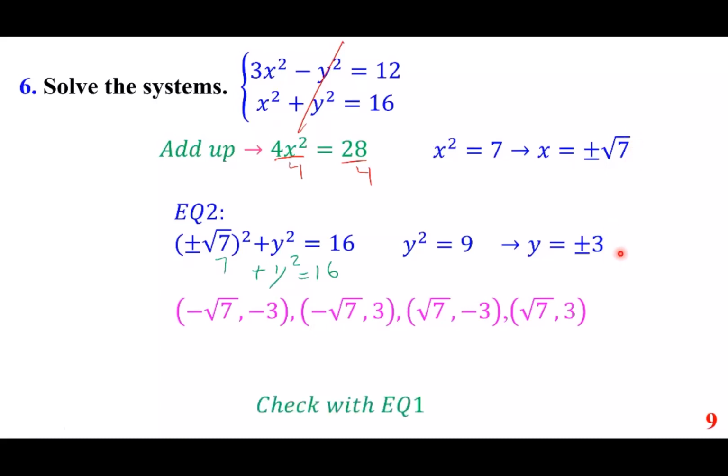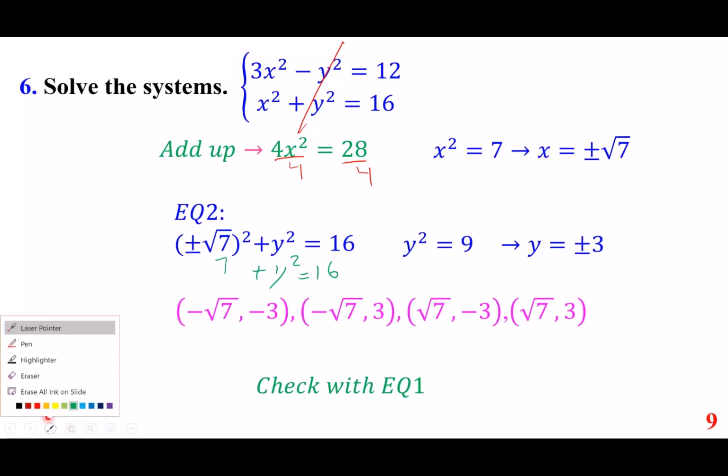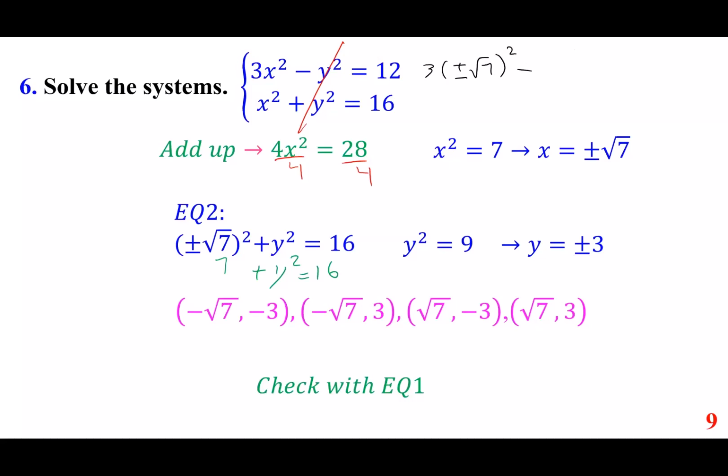And you must check. The reason you must check is because we picked it from the second equation. So you check it with the first equation. So I'm going to check one of them. And by the way, it doesn't matter. You can even check with plus minus, which means you are checking the whole thing. So if I go with 3 times plus minus square root of 7 squared minus y, which is plus minus 3 squared.